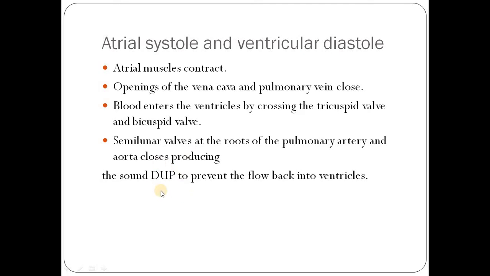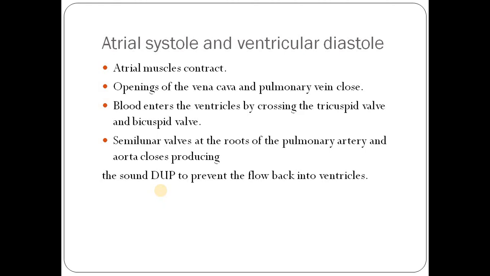It does not want the blood that has entered the pulmonary artery to come back into the ventricles, so it closes and a sharp sound is produced, that is your dup.